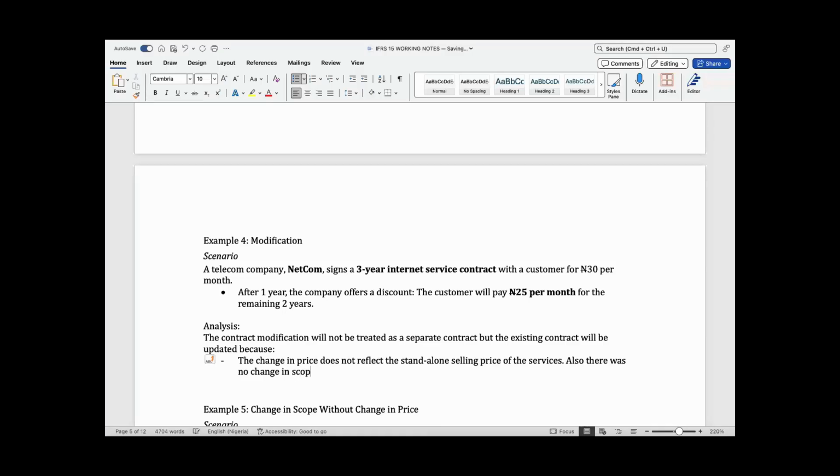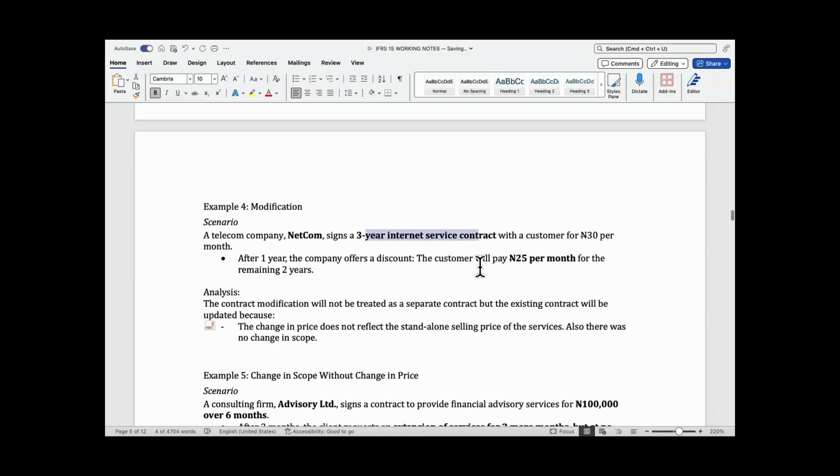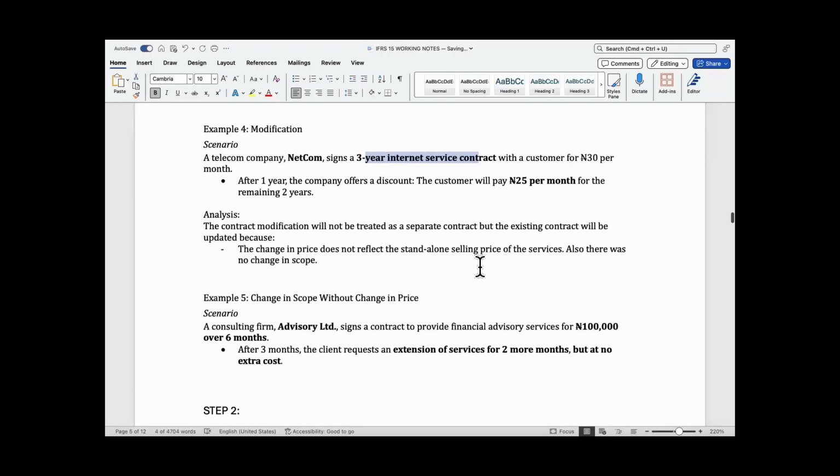There was no change in scope here because they have already signed the 3-year contract right from day one. So there was only a change in price, which does not reflect standalone selling prices.